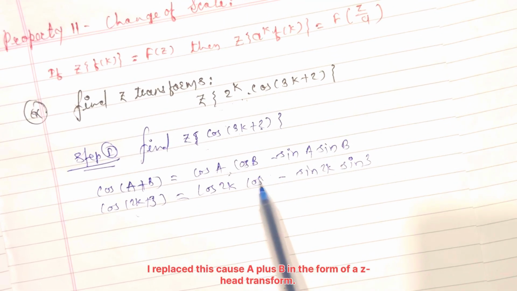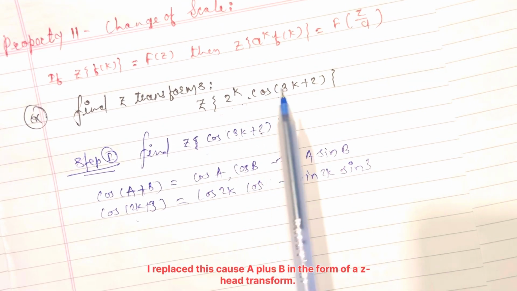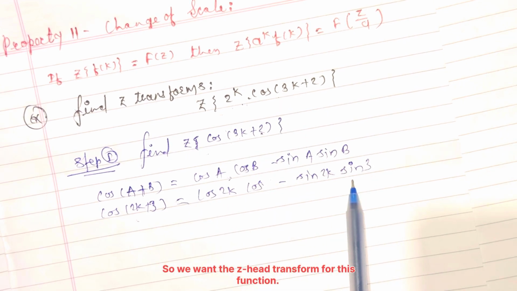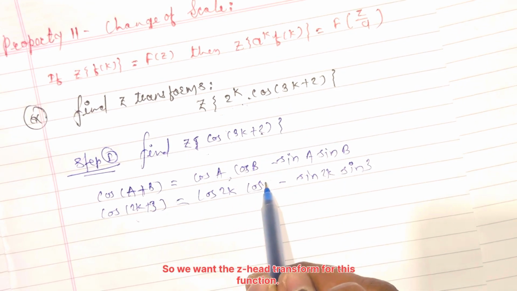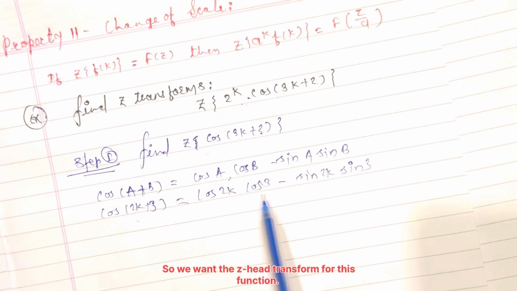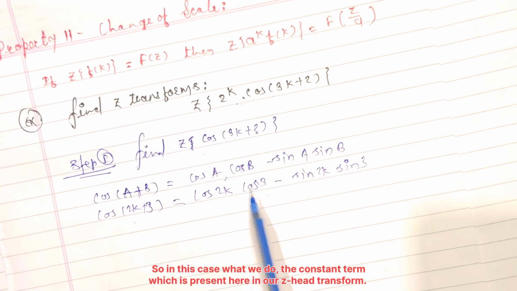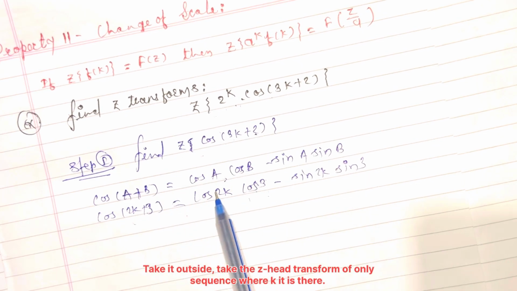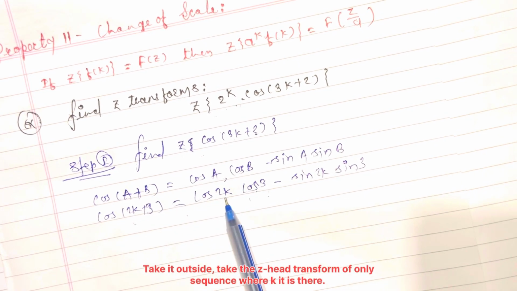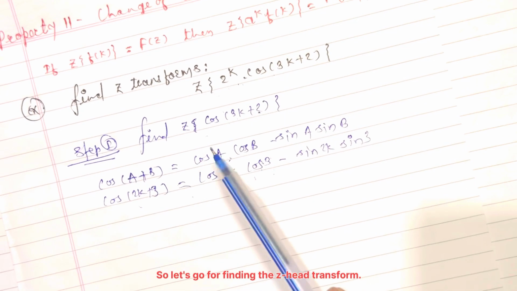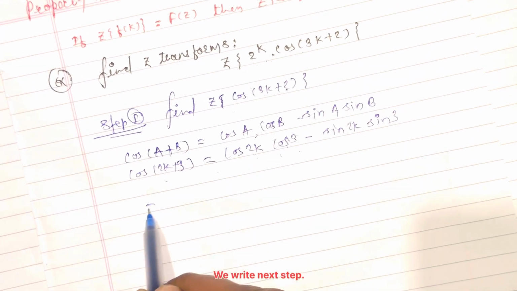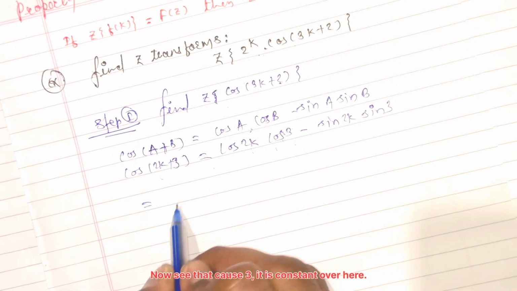Now we want the Z transform of this function. The constant terms present here, take them outside, and take the Z transform of only the sequence where k is present.